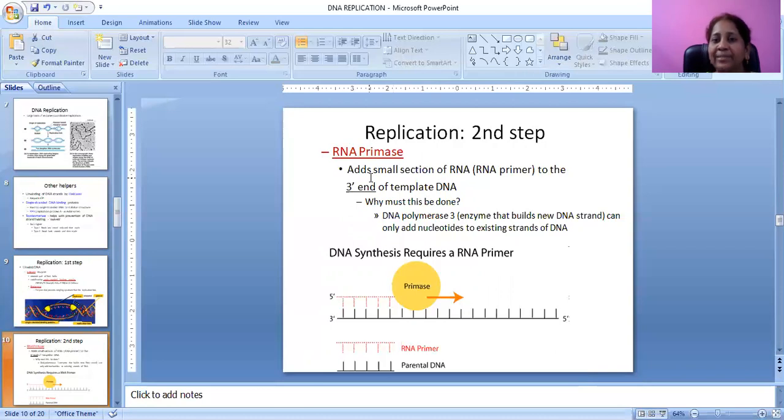DNA polymerase 3 builds the new DNA strand and can only add nucleotides to the existing strands of DNA. DNA synthesis requires an RNA primer. Without an RNA primer, DNA synthesis can't be done.